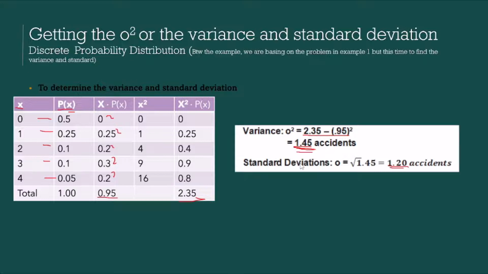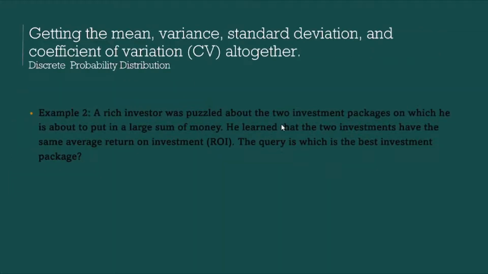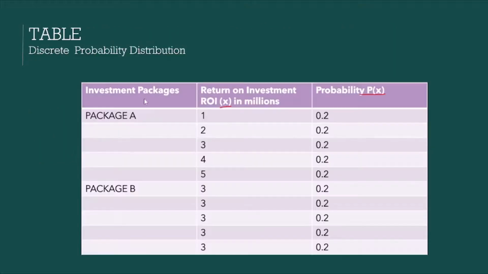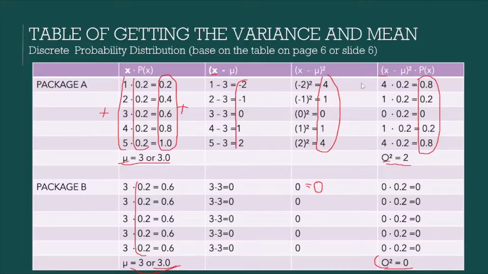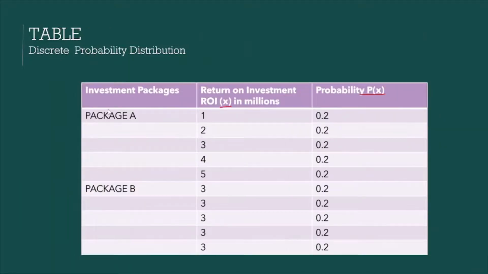It has its own simple formula. But since we are trying to get the coefficient of variation, it has to change in order for it to get the coefficient of variation. That's why our formula is different from the normal formulas in getting the variance and the mean, because we're aiming to get the coefficient of variation.